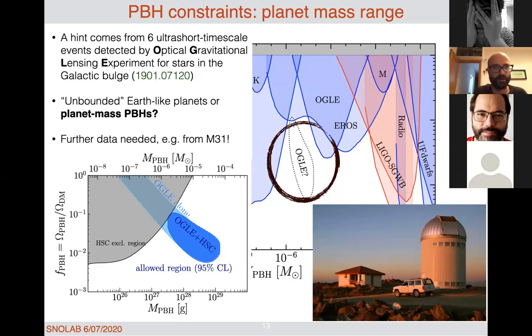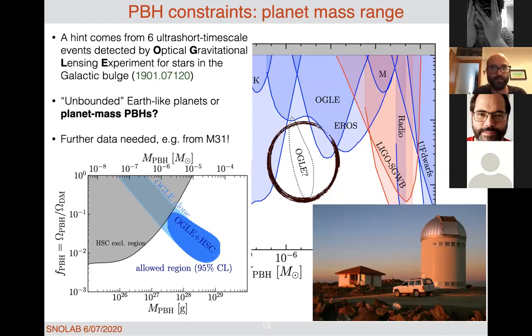There are some hints from this experiment called OGLE, which is monitoring a lot of stars near the galactic bulge and looking for microlensing events. These are events in which the black hole is expected to cross the line of sight and cause a temporary increase in the brightness of the background star.